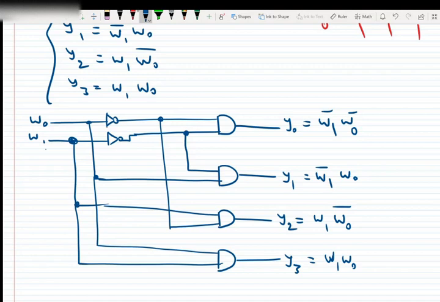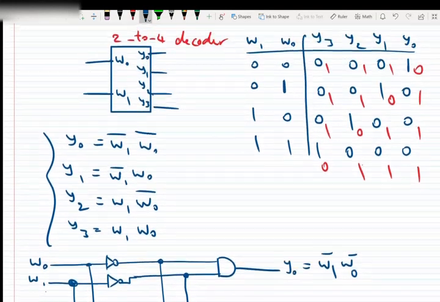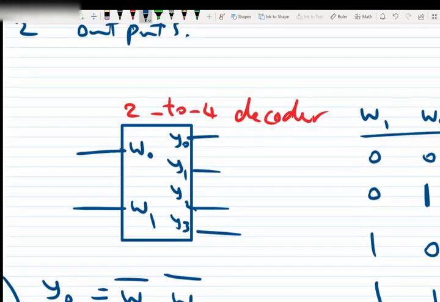Okay, so this one is a design of a 2x4 decoder. What we see in this design, this decoder, oh, sorry, I said multiplexer, it's a decoder.